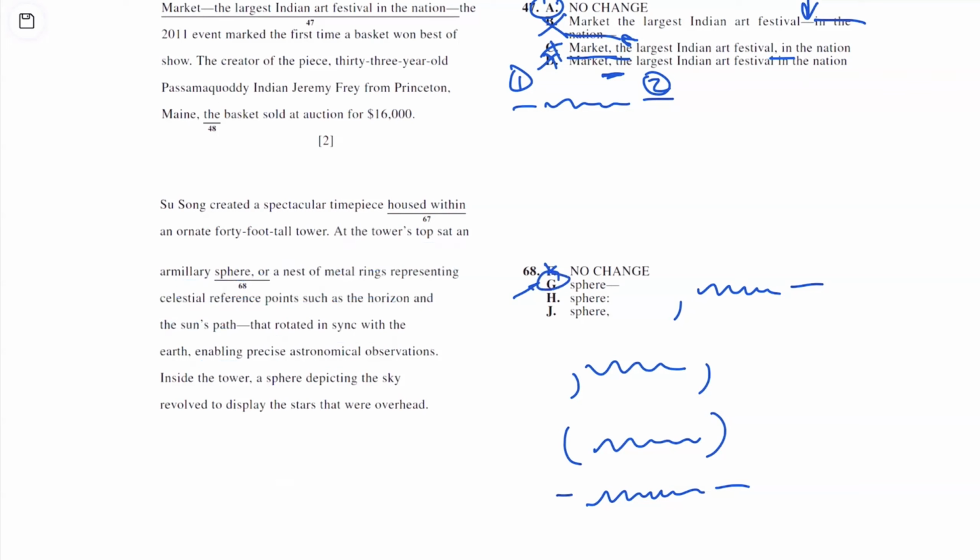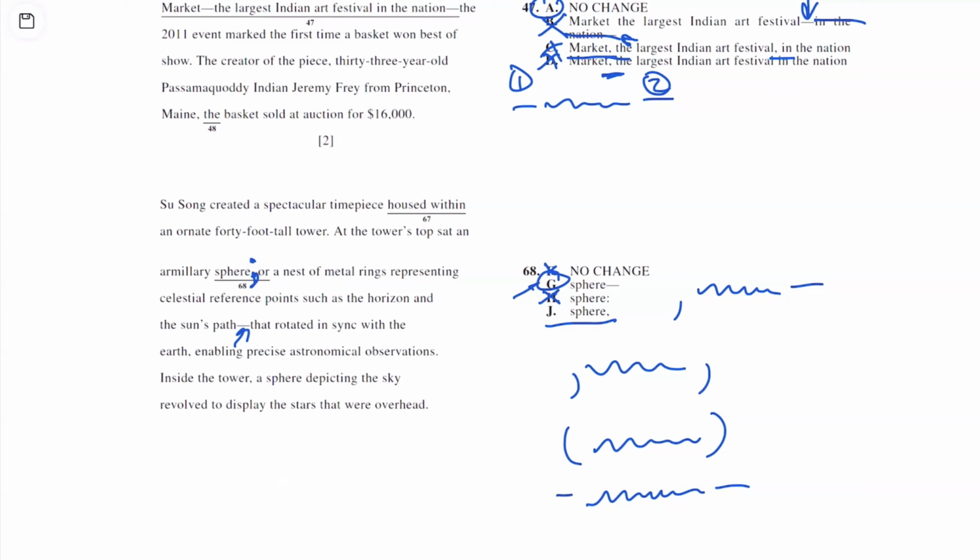Let's just go ahead and discredit H and J here. Okay, H is telling me to put a colon here. Well, that doesn't work because then we have this M dash here. You're mixing and matching colons and M dashes. No, does not work. H is out. And J, sphere would be a comma here, which is already what we have.